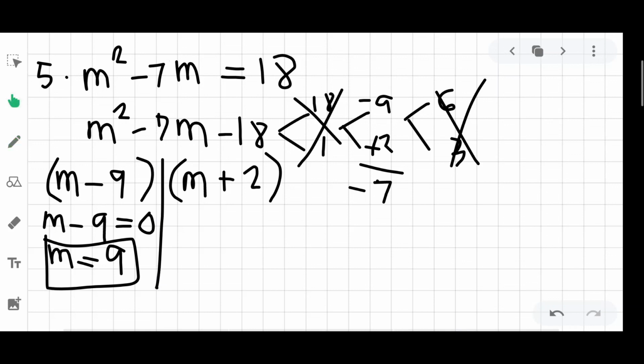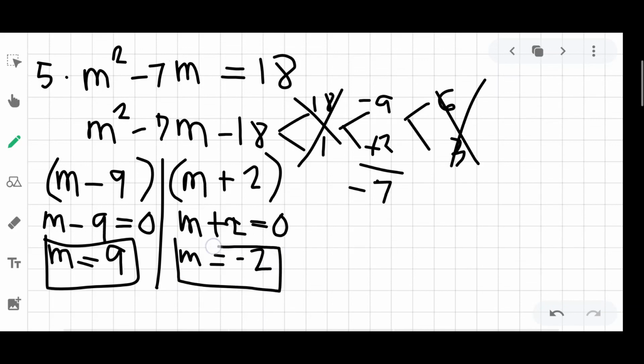For our second solution, just copy the second factor na nakuha natin. M plus 2 equals 0. Bring down m equals. Si positive 2, pag nilipat, magiging negative 2. And this is our final answer.